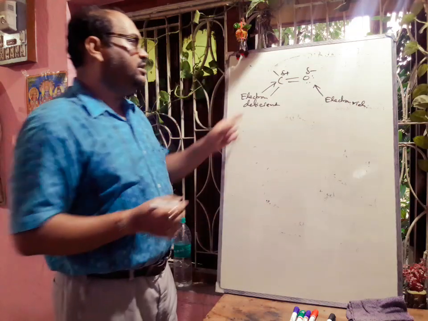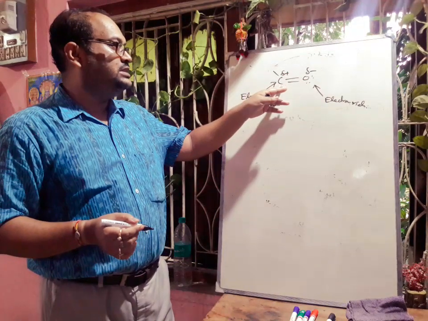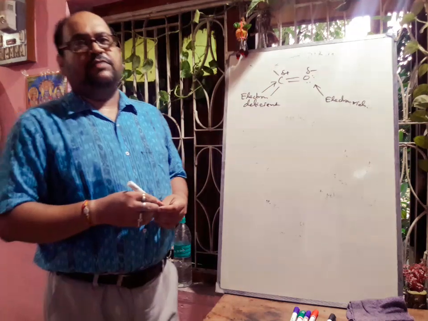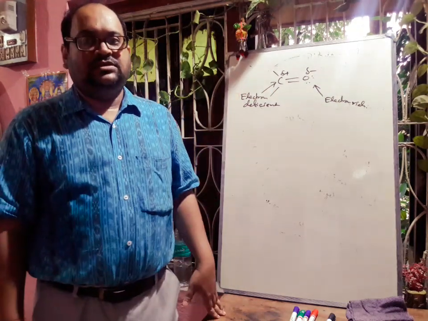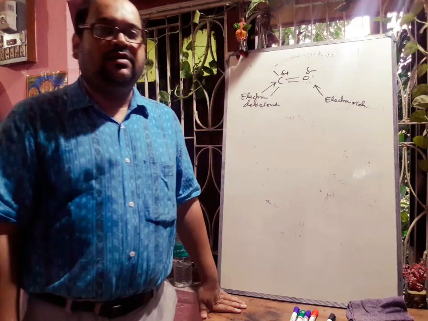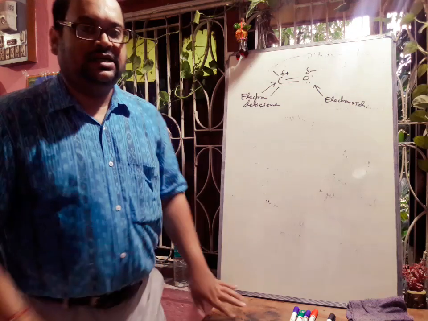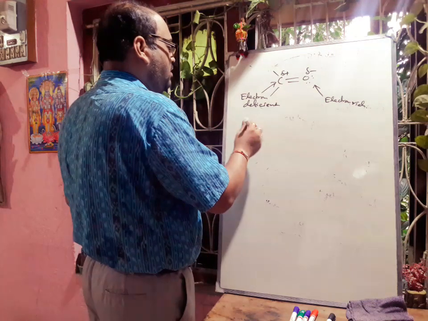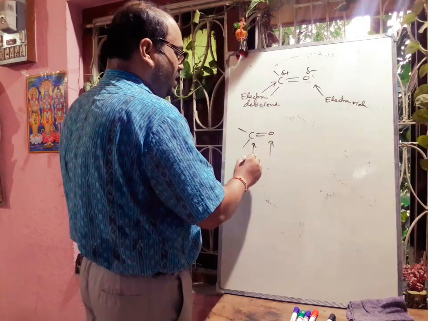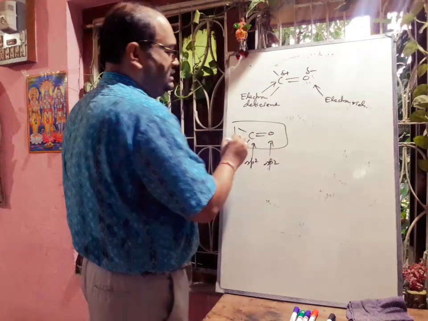So here a nucleophile can easily attack because this carbon is electrophilic in nature. The carbonyl carbon is partially positive, so it is electrophilic, and aldehydes and ketones undergo nucleophilic addition. If we draw the mechanism you can understand. In the carbonyl compound, both this carbon and oxygen are sp2 hybridized, so definitely it will be a planar structure.